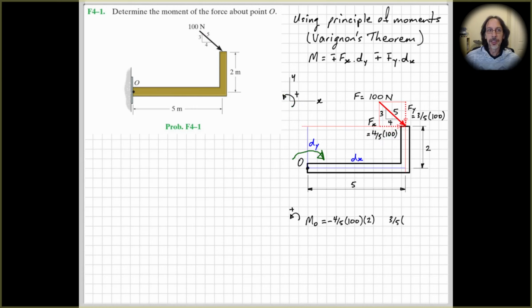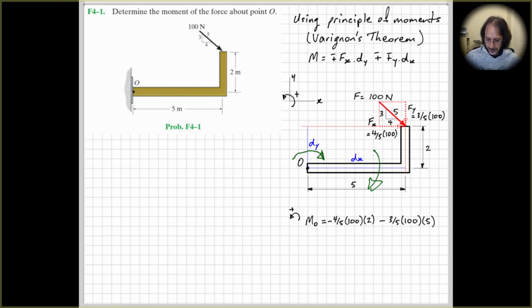All right, so let's look at the next one. We have 3/5 times 100, our component of the force in the vertical direction, times its perpendicular distance, dx, which is 5, pushing down here. That's also going to tend to rotate clockwise, so that one is also negative.